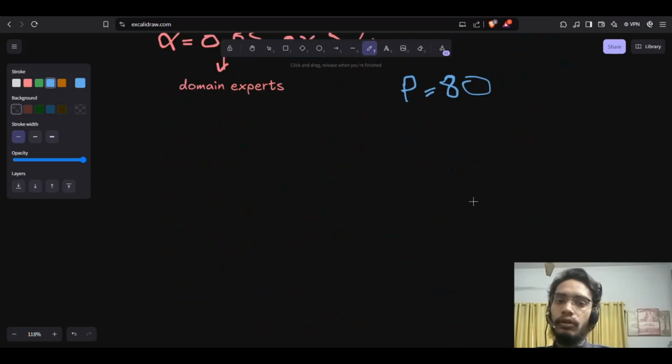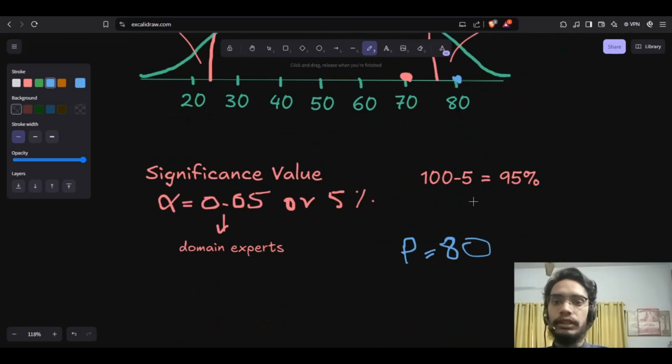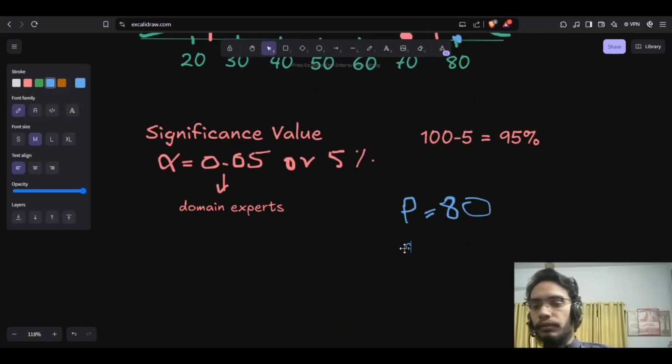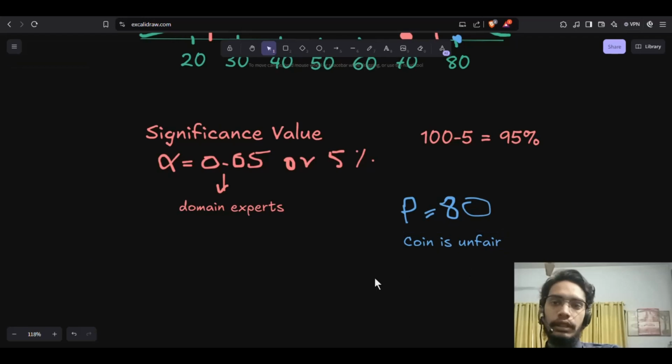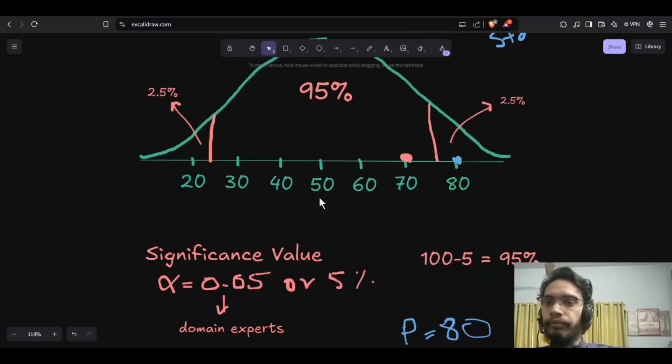Then you can say your null hypothesis is rejected, and we will say that the coin is unfair, right? Because you got a value which is out of your confidence interval. If your value exists only in this interval, your null hypothesis is accepted, right?